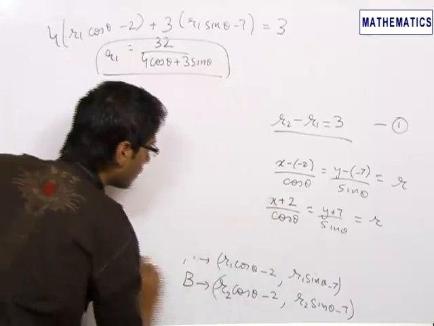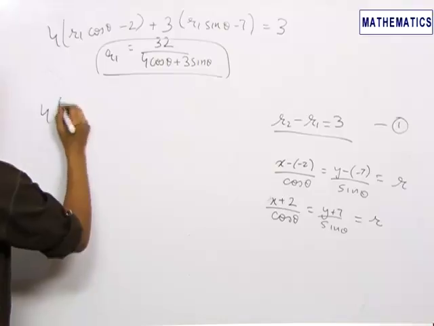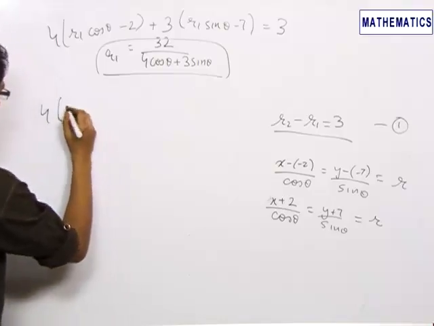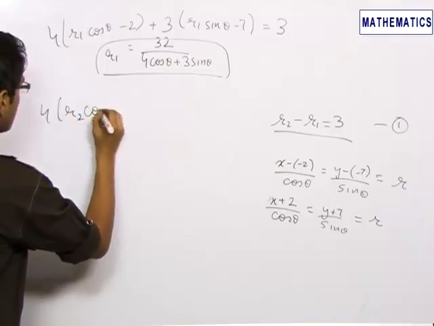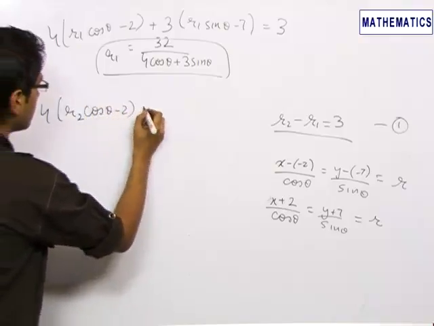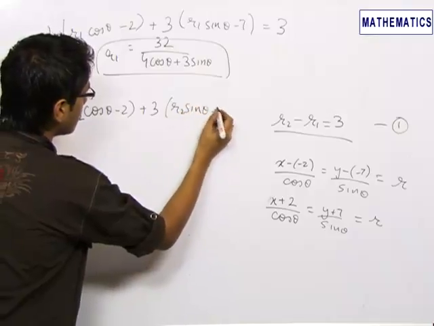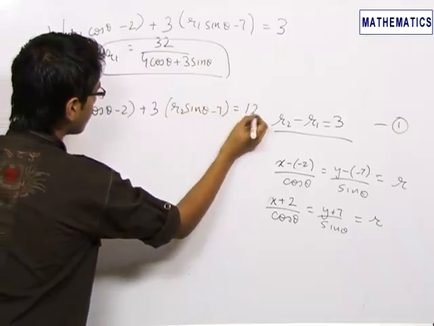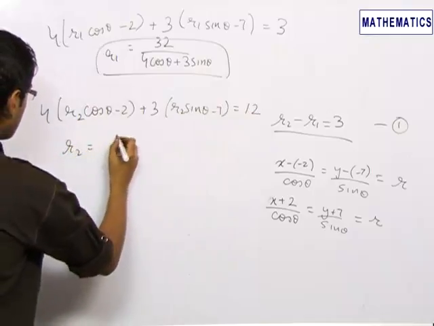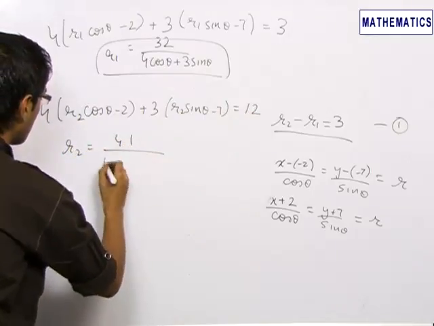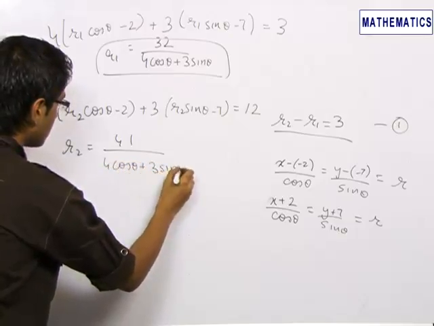Similarly, on putting the coordinates of B in the line L1, we get 4(r2 cos theta - 2) + 3(r2 sin theta - 7) = 12. So we get the value of r2 as 41 upon (4 cos theta + 3 sin theta).